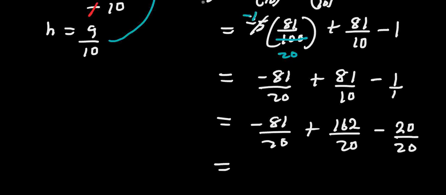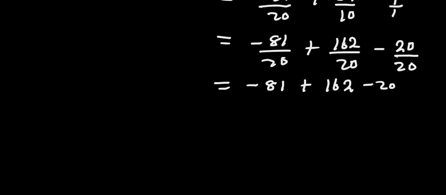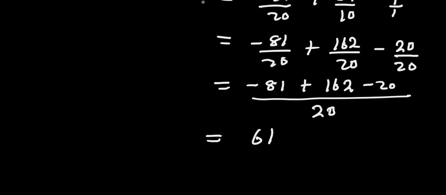So at this point we can simply have negative 81 plus 162 minus 20 over a single 20. So if you add negative 81 to 162 and then subtract 20, our answer is going to be 61 over 20.